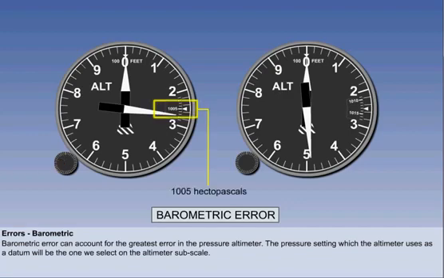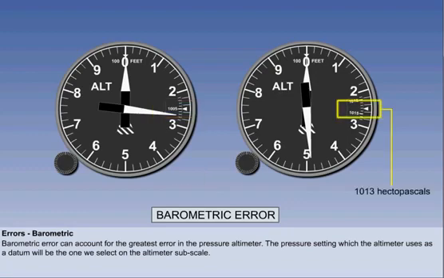We can see that on the left altimeter the pressure setting of 1005 has been set, while on the right altimeter 1013 has been set. Notice that each altimeter is reading a vertical distance above its respective datum.